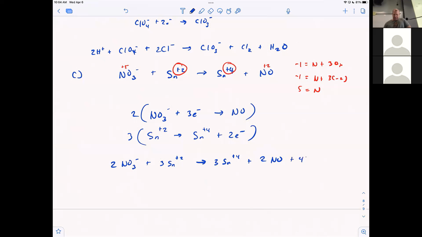So we need 4 waters to counterbalance that. And 4 waters means 8 hydrogen ions on the left. And we're done.